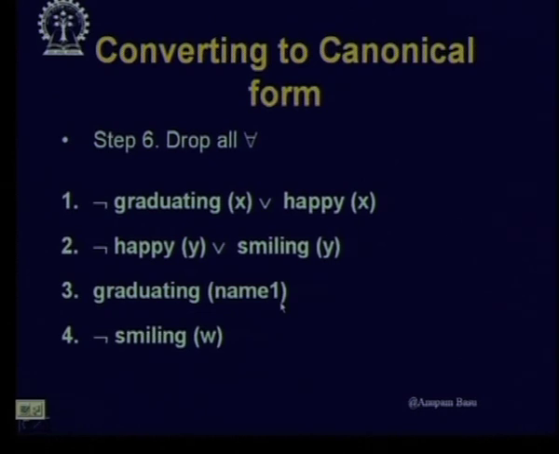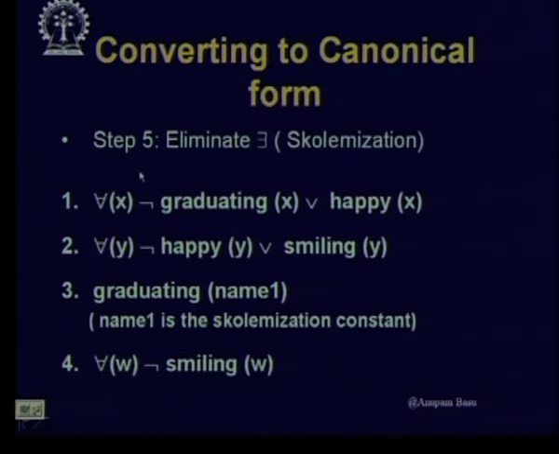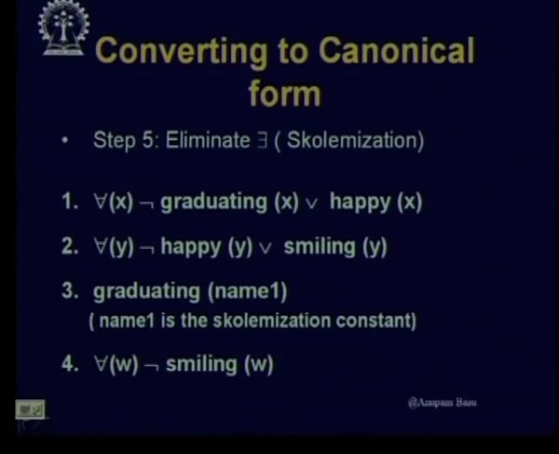What is the 6th step? We drop all the universal quantifiers, because of the simple reason I do not really need it. By now, I have removed the existential quantifiers. By now, I have reduced the scope of negation to as close as possible to the predicates, and by now I have pushed all the quantifiers to the left, and the existential quantifiers have been removed already.